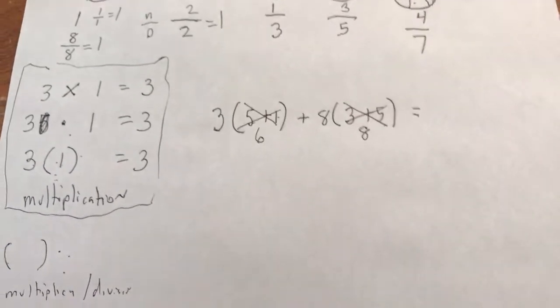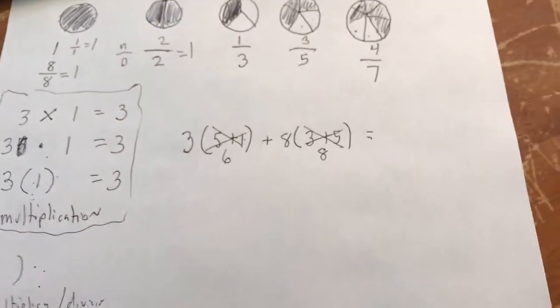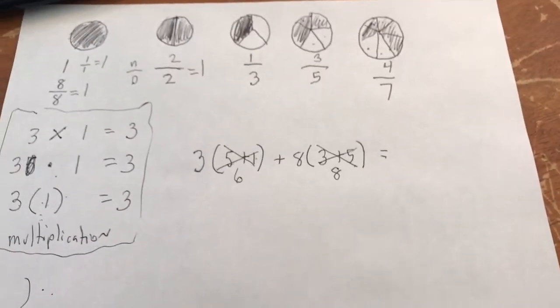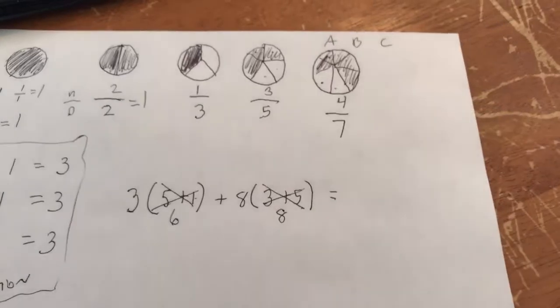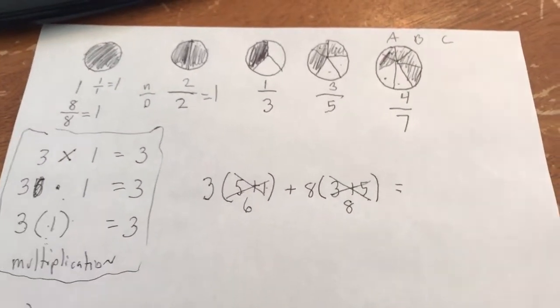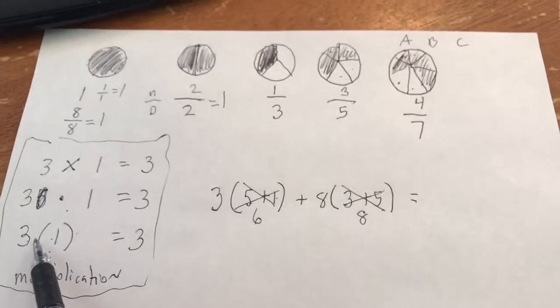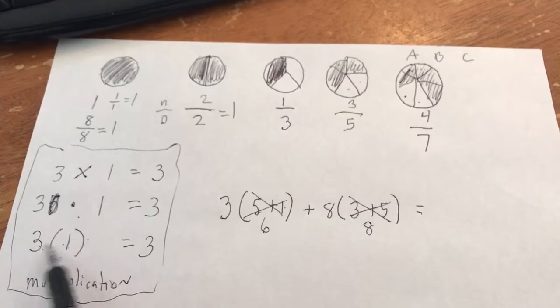Since we know that rule, we have to be able to recognize the pattern. What do you mean by recognize? Just like you learned A, B, C, you had to recognize what an A was.